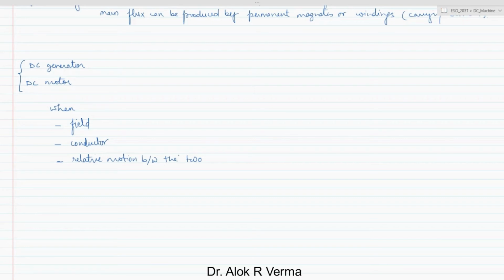So when we have a field winding with a conductor, and there is relative motion between them, we generate voltage. This is the basic idea. Whenever there is a rotating DC magnetic field and a conductor is placed in it, voltage is generated, and it goes to the generator side.